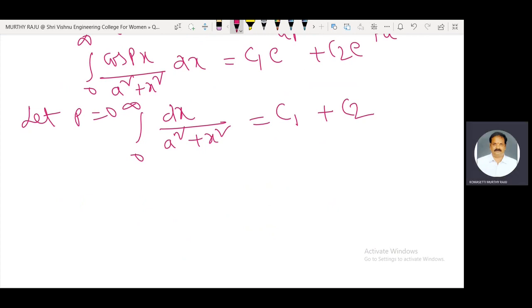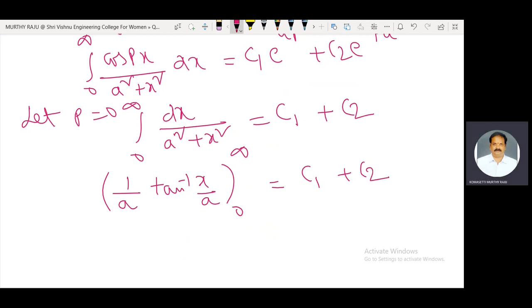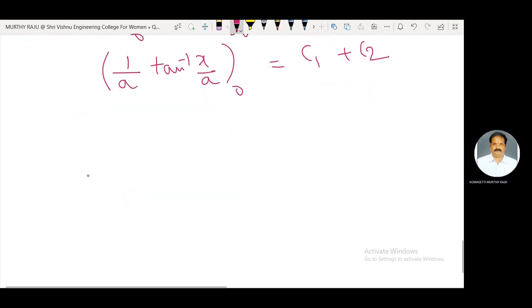Integral 0 to infinity dx by a square plus x square is 1 by a tan inverse x by a. Integral 0 to infinity is c1 plus c2.